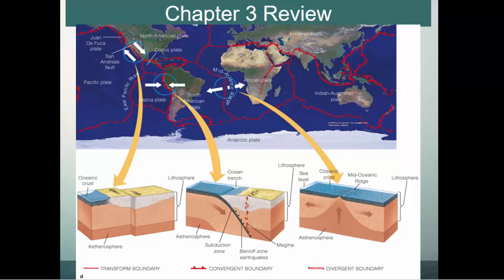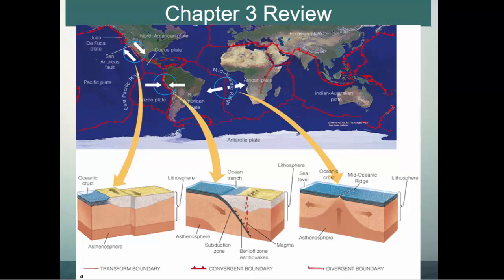All these plates are moving along, they are rigid, and they're moving along on a hot and pliable upper mantle known as the asthenosphere. Some of these plates run into each other and they converge. Oceanic plates can converge. Oceanic and continental plates can converge. Continental plates can both converge. They also diverge, as we see at the mid-Atlantic ridge. They move apart, and they also have transform boundaries like we see in the San Andreas Fault.